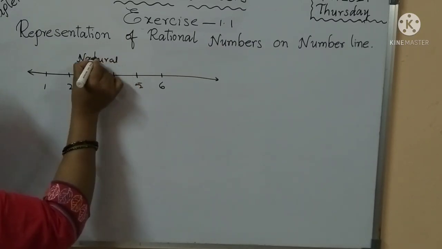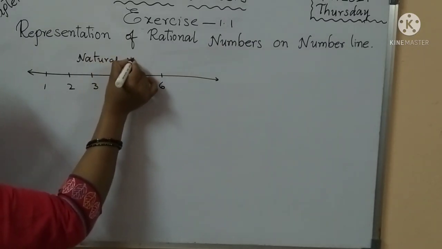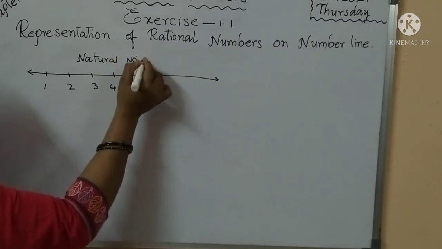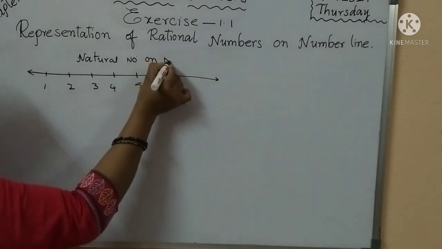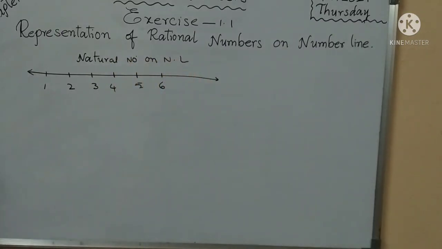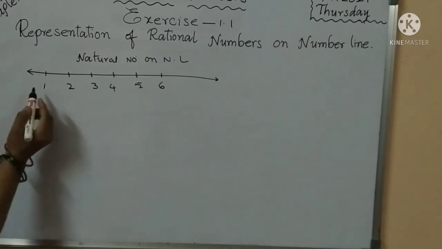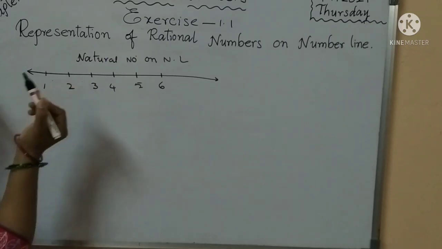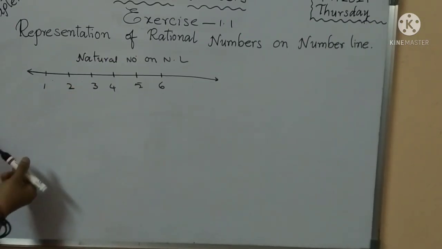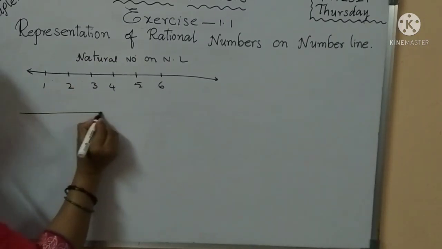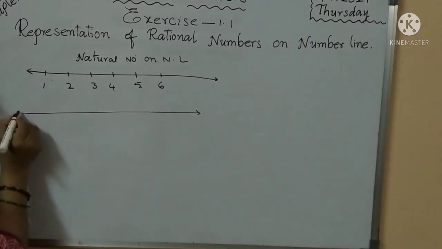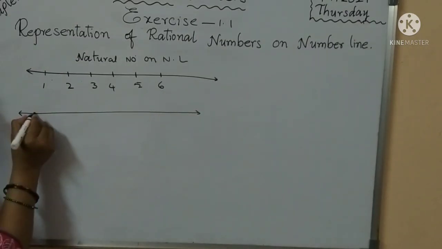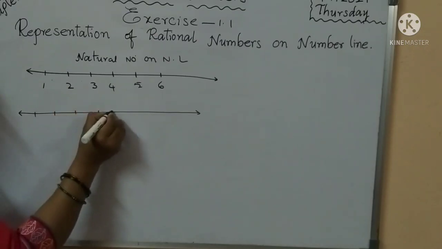Natural numbers on the number line. This is like this only. The distance from 1 to 2 is 1 unit. So here to here 1 unit. Okay, next one is the whole numbers. Again we start the number line. So here 1.